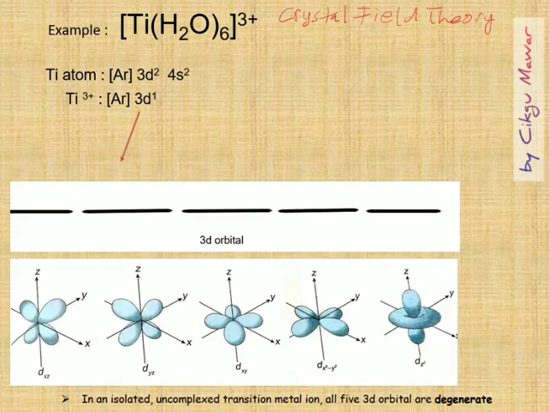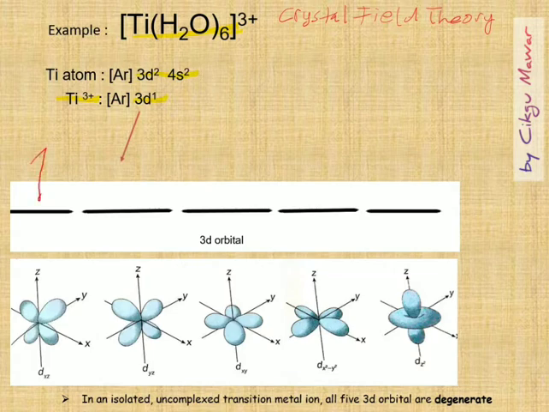Here I use an example of a complex ion, hexaaquatitanium(III) ion. The electronic configuration of titanium is argon 3d2 4s2, and since the central metal is titanium(III), we must write the electronic configuration of Ti3+, which consists of 3d1. So there is one unpaired electron in the 3d orbital.